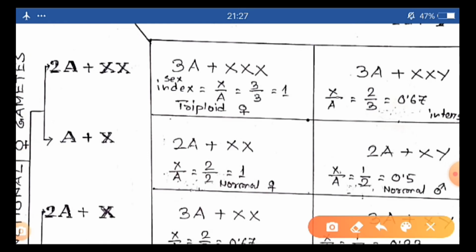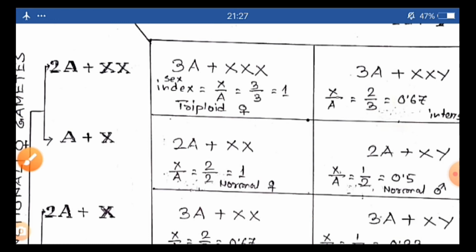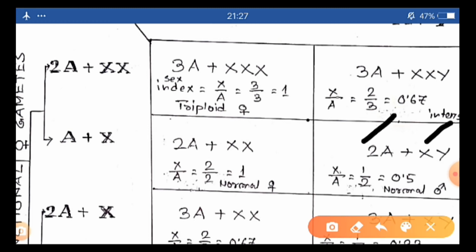Consider this block and that block. Here the index will be 2 by 2, that is 1. Okay, and in this block it will be 1 by 2, that is 0.5.